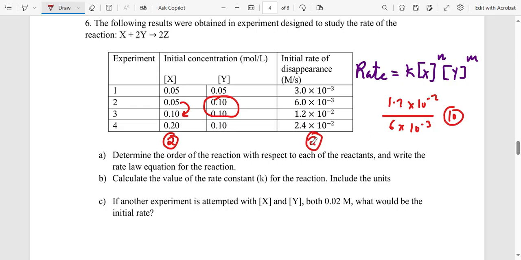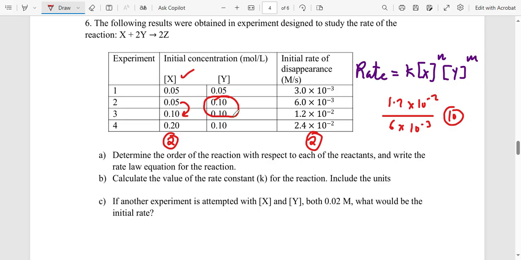So you see what has happened? When the initial concentration is doubled, the initial rate is also doubled. So this means that this is first order with respect to x.